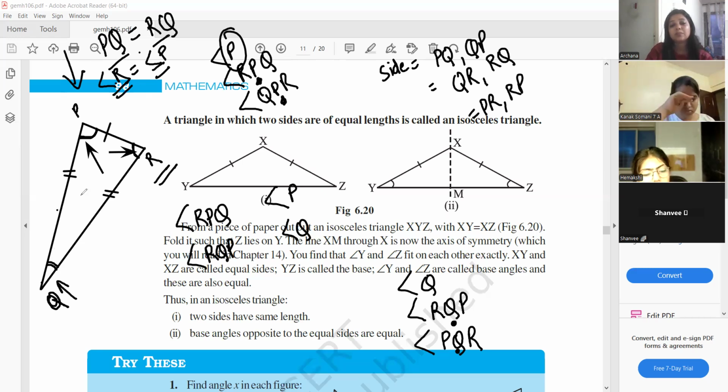So this is the property, Himakshi, which we should look for. What is the property? The two sides which are equal in length, correct? You should look for the angle opposite to these two individual sides.